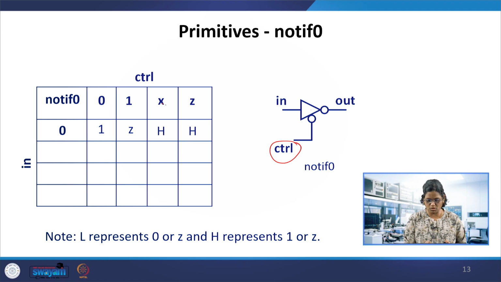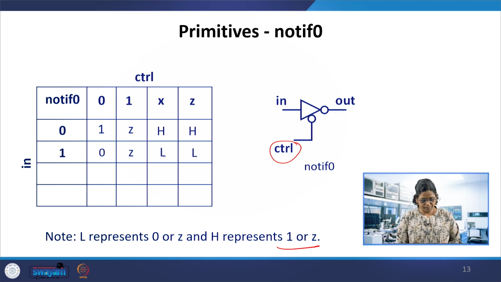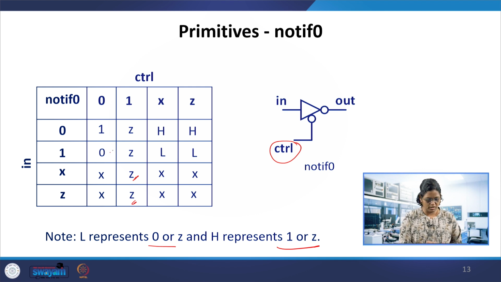Otherwise it depends on x. If this is 0, it can take either 1 or Z. Similarly for 1, it can take L, X, Z conditions. Except this 1, other things will be don't care. So for Z also, this is don't care. So only these changes were there.